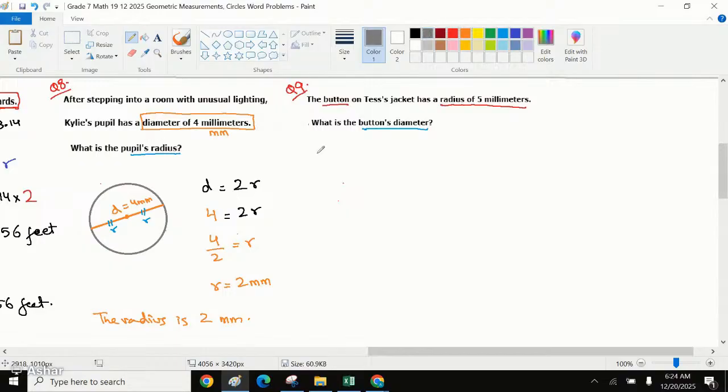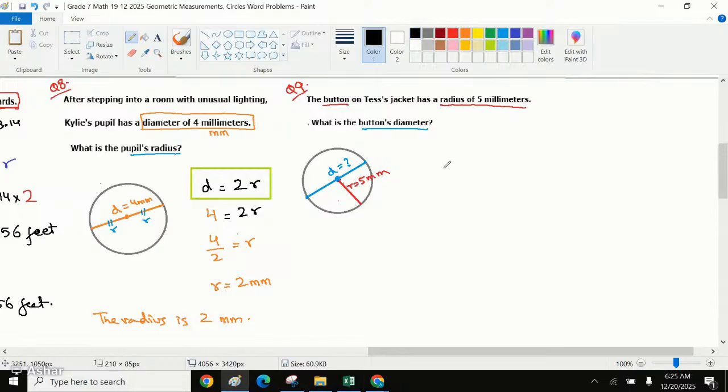If we have a button in the shape of a circle, the radius is given to us. The radius is from the center to the circumference. We know that the radius is 5 millimeters. What we need to do is find the diameter. The diameter passes through the center from one side to the other. We know from the previous question that diameter is twice the radius.